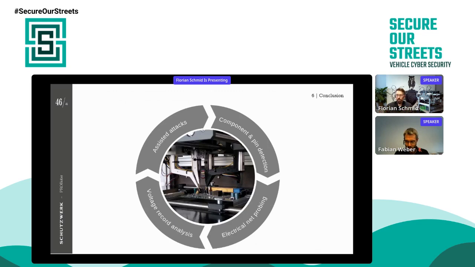It is also able to evaluate the voltages that are generated on the PCB to identify the underlying functionality, as well as the protocol, and ideally also the protocol transmission parameters. And in the end, it is also able to support us for assisted attacks.